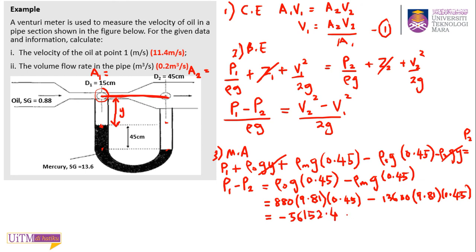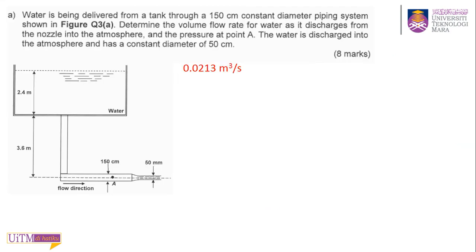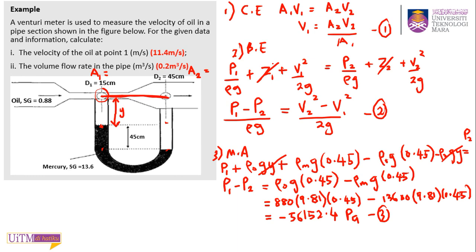Just take one decimal place, 0.4 Pascal. Okay, this equation, I put 3, need 2. Put the P1 minus P2 value into your second equation. So put this inside the second equation. Put 3 into 2.